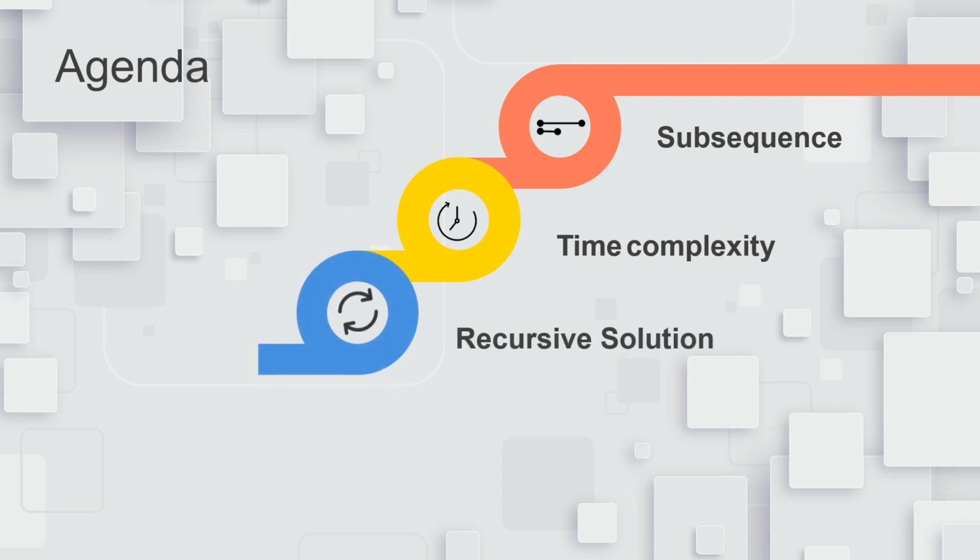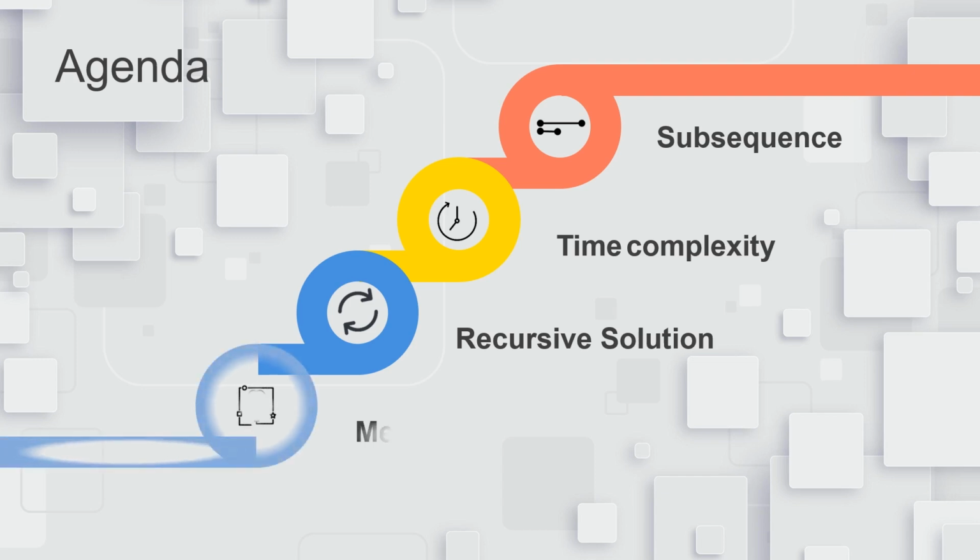After that, we will see a specific method, which is the recursive solving method to solve the problem. And finally, we will learn about memoization, which will greatly help reduce the time complexity of solving the longest common subsequence problem.